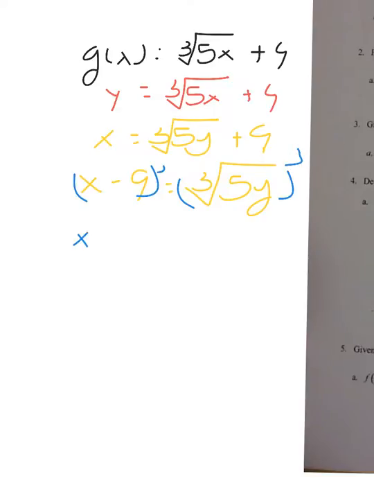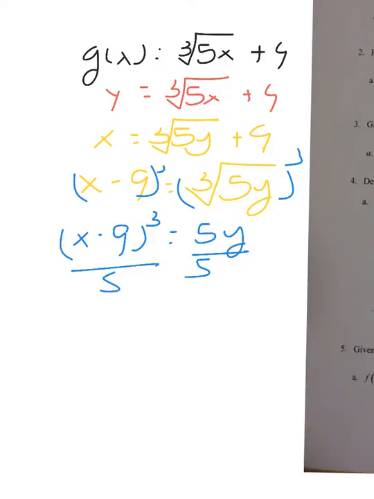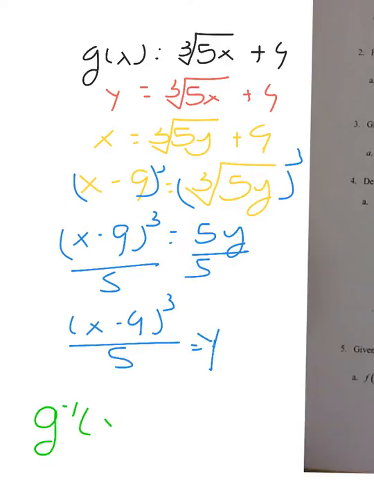So I have x minus 9 cubed is equal to 5y. Divide by 5. So I get x minus 9 cubed over 5 is equal to y. And then I would write that as the inverse of g of x is equal to x minus 9, that's a 9, cubed over 5. Okay, so let's take a look at number 3c.